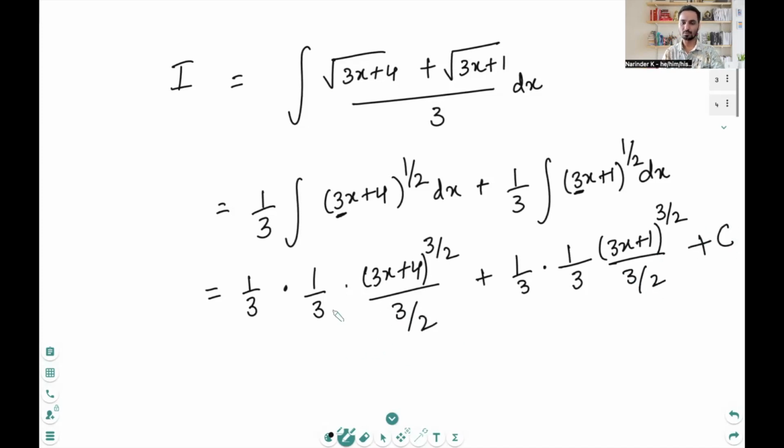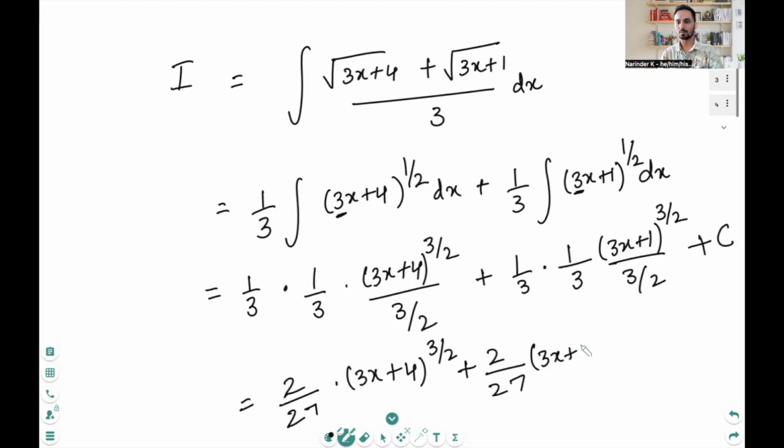So we can simplify this further. We have 2 over 27 times (3x + 4) raised to the power 3 over 2, plus 2 over 27 times (3x + 1) to the power 3 over 2, plus c.